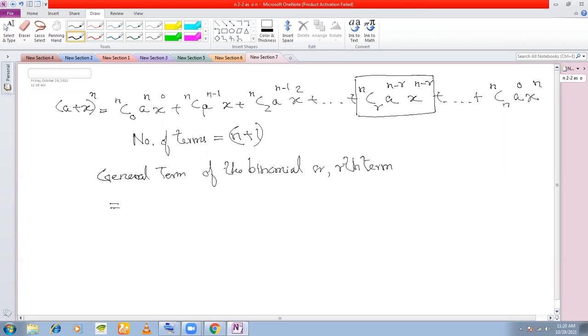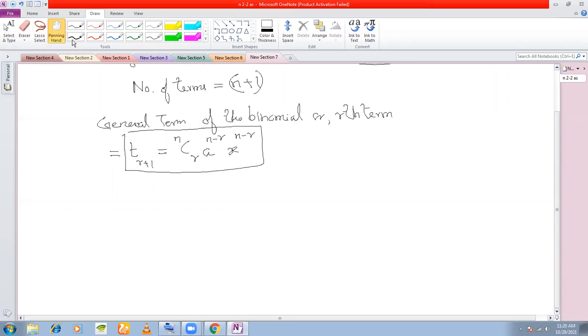Okay, and because a binomial has n plus 1 terms, the rth term of a binomial is represented by T r plus 1. And therefore, what is the value of this term? NCR a to the power of n minus r x to the power of r. This is called the general term of a binomial, or the rth term of a binomial.